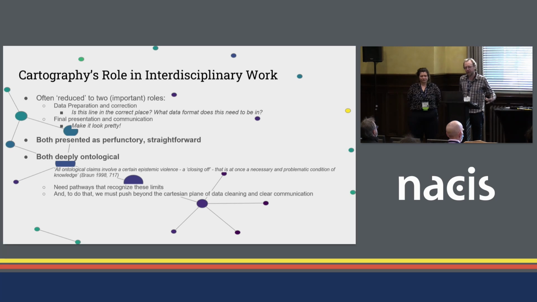And to do that, we have to push beyond the Cartesian plane of data cleaning and clear communication, the map communication model that Nick so wonderfully threw up on his slide, which derives from the popularity of cybernetics at the time, but in part.